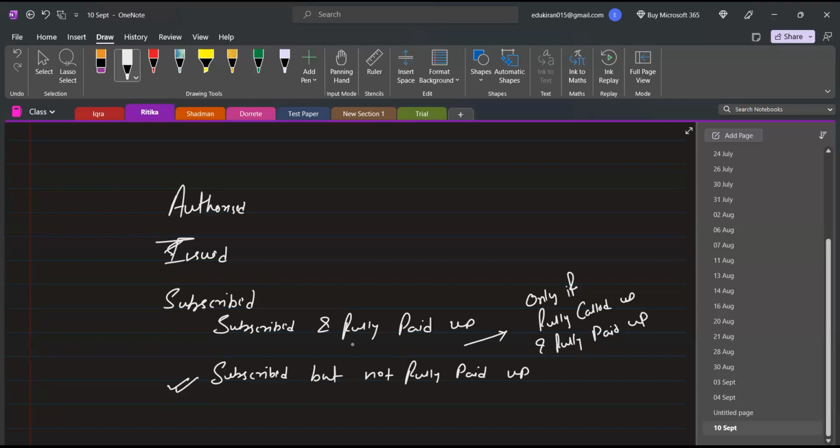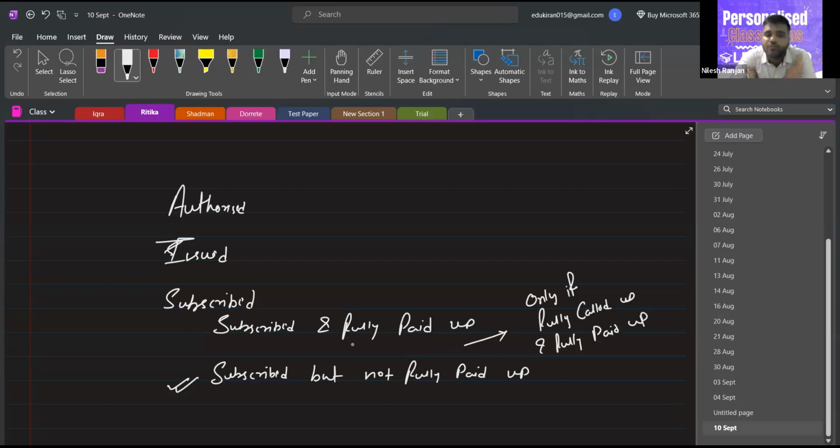So two things: fully called up means the company has to ask for full money. If share price is 10 rupees, and the company has demanded only 8 rupees, then it will not come into the fully paid up category, because you have not asked the full amount.